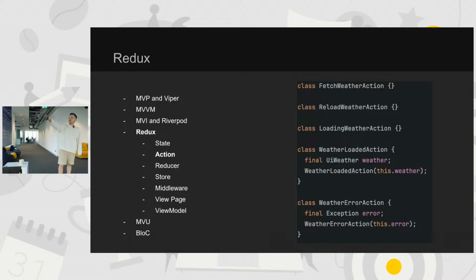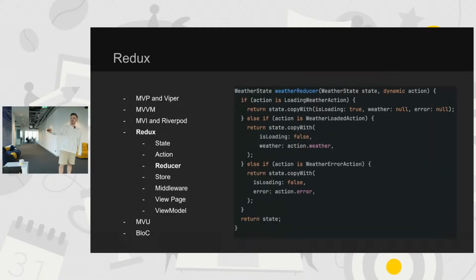So: fetch weather action, reload, again loading, weather loaded action when we receive some data from the network, obviously, and its error action. So here is the reducer, which allows us to handle its state. It allows us to respond to this state and handle this action.